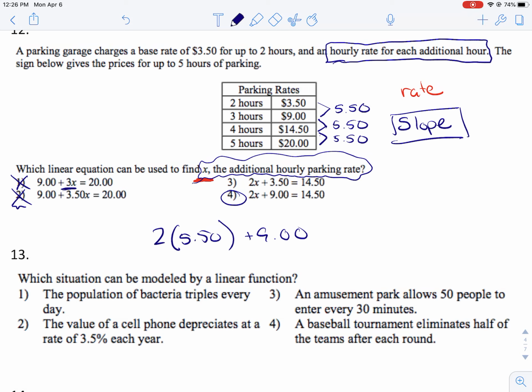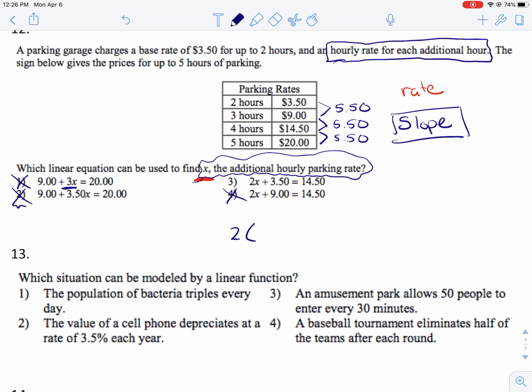Let's take a look at number 4. So 2 times 550 plus 9. What does that equal? You get 20 equal $14.50? Absolutely not. So that one's out. So it has to be number 3.